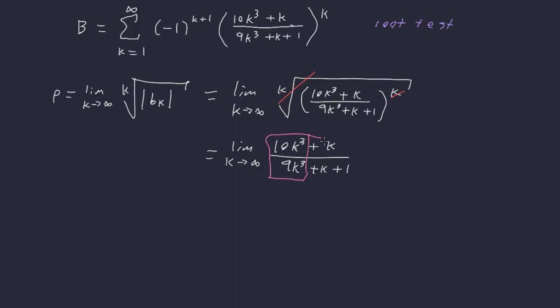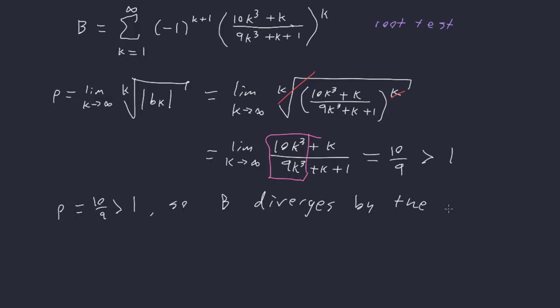Since we have the matching exponents in the top and the bottom, this is going to come out to be 10/9, which is greater than 1. So rho is 10/9, which is greater than 1. So B diverges by the root test.